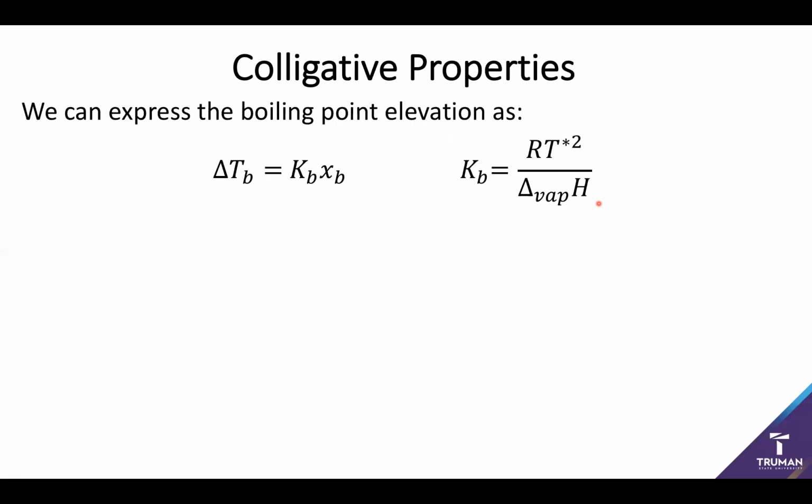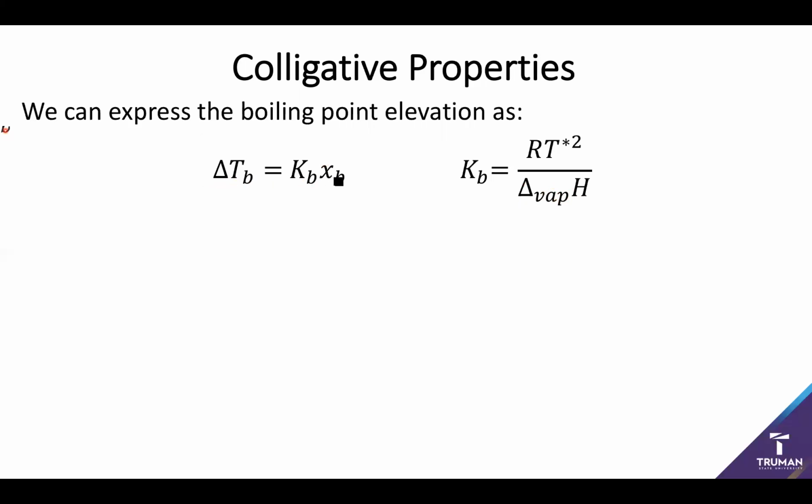So one of the common uses of boiling point elevation is that I can introduce a solute of unknown identity. And as long as I know the enthalpy of vaporization, and again, I want to emphasize it's the enthalpy of vaporization of the solvent, and I measure the change in the boiling point of my solvent, I can essentially figure out what the change in mole fraction was.